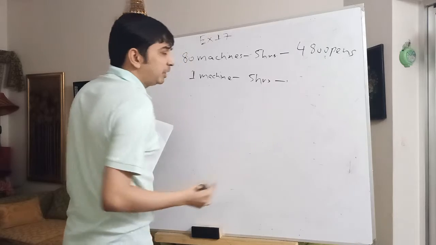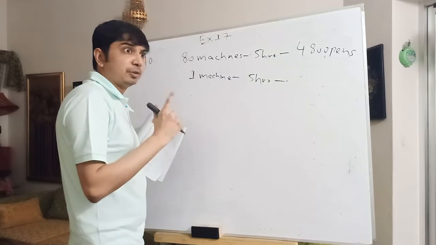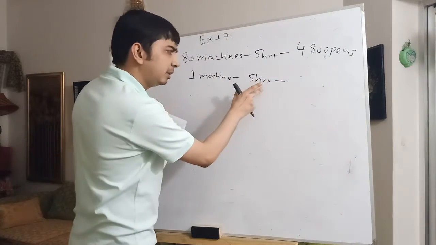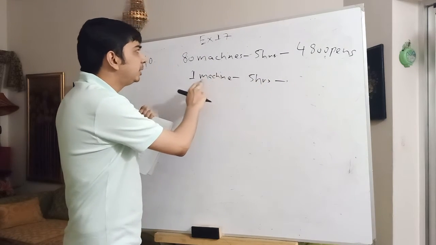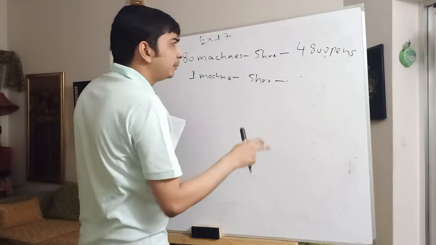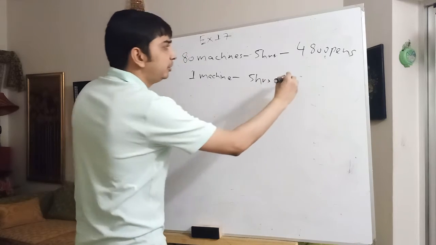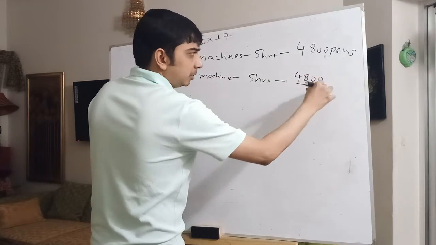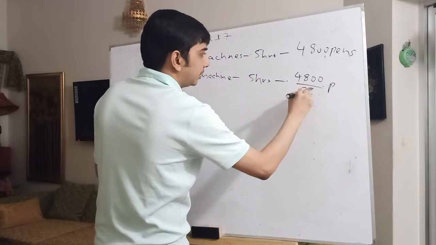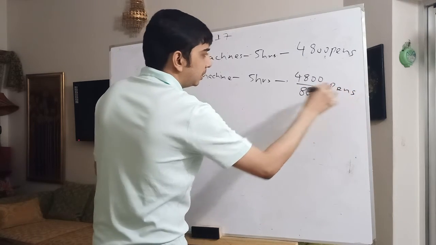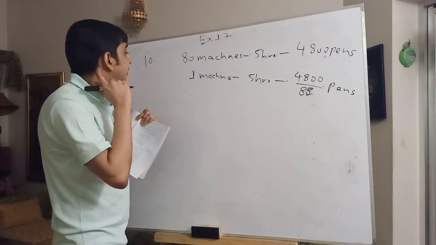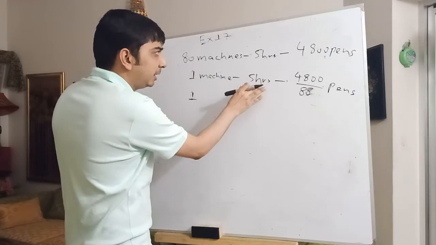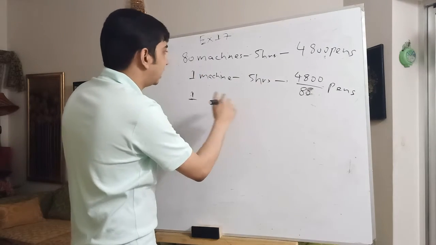So now for the number of pens produced, you have to think whether it's going to increase or decrease. 80 machines in 5 hours is producing 4800 pens. The time remains the same. Now if you have only one machine, then the number of pens that will be produced is going to decrease. So now one machine remains like that, and time instead of 5 hours we are going to make it 1 hour.